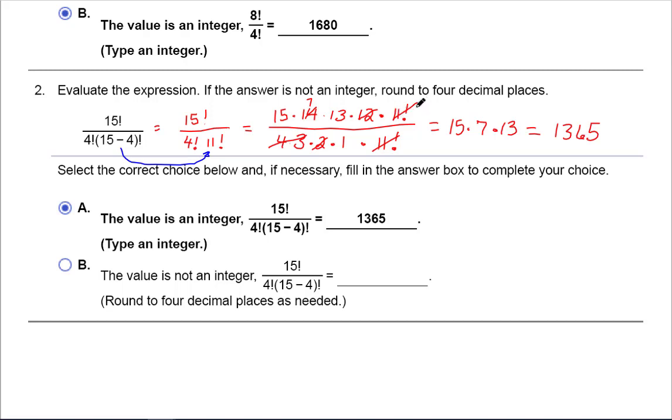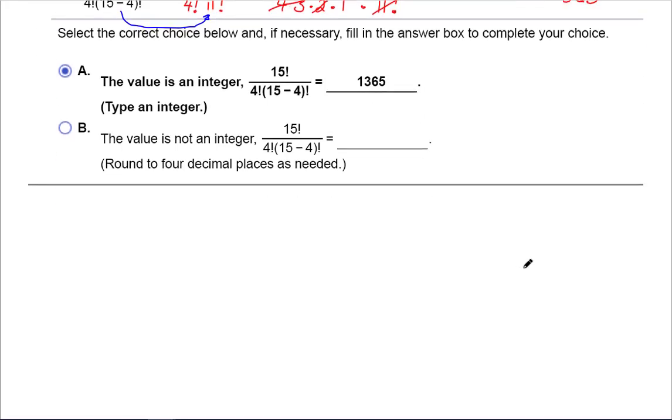And I know I can use that to cancel the 11 factorial on the bottom. I'm going to expand the 4 factorial as 4 times 3 times 2 times 1. So let's see, 4 times 3 is 12. That goes away quickly. And 2 goes into 14 7 times. So I simply need 15 times 7 times 13 to give me 1365.